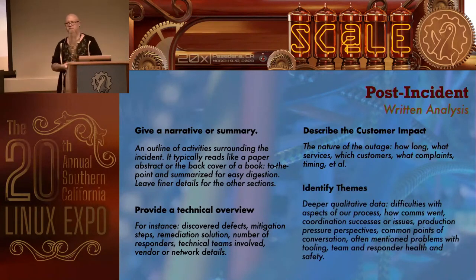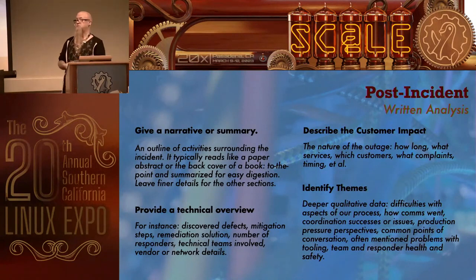And then lastly, on the template, we had this identify themes section. And this is the qualitative data. This is what those people were reporting when you asked how long they were working. This is stuff like, did we have to work all night? Was there a team that was engaged for a certain amount of time?